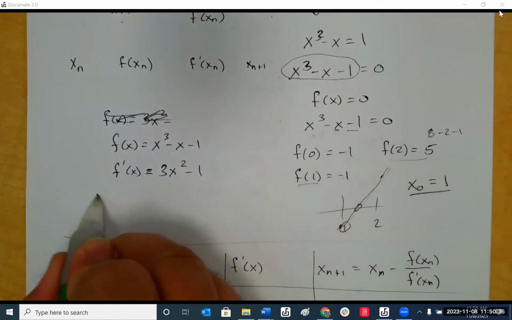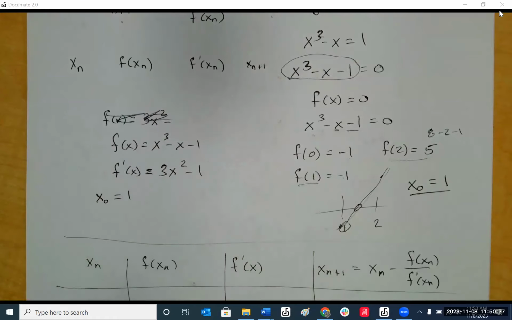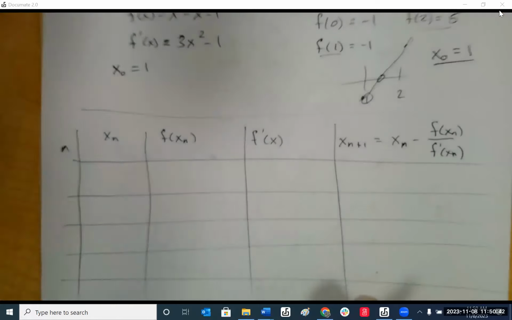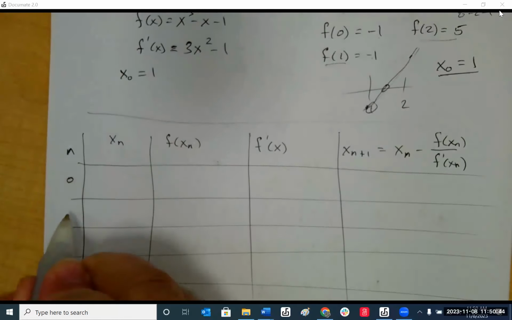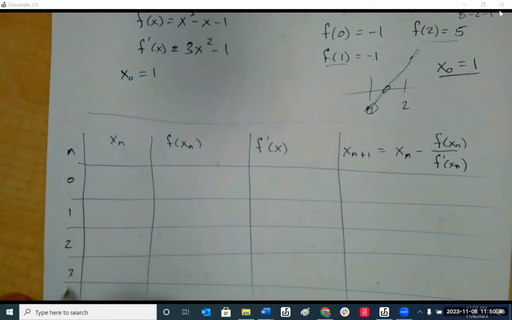And so our first, at x sub 0, we'll start with 1. Here are our n's: 0, 1, 2, 3, 4.